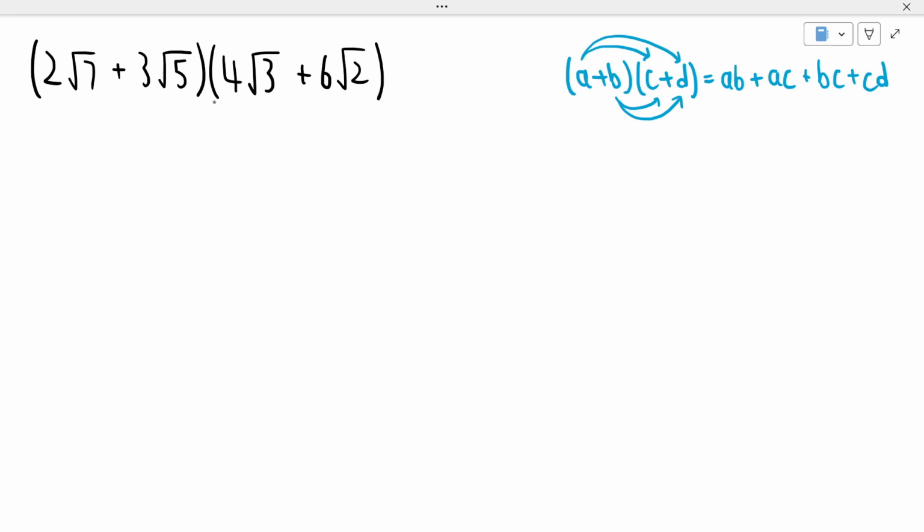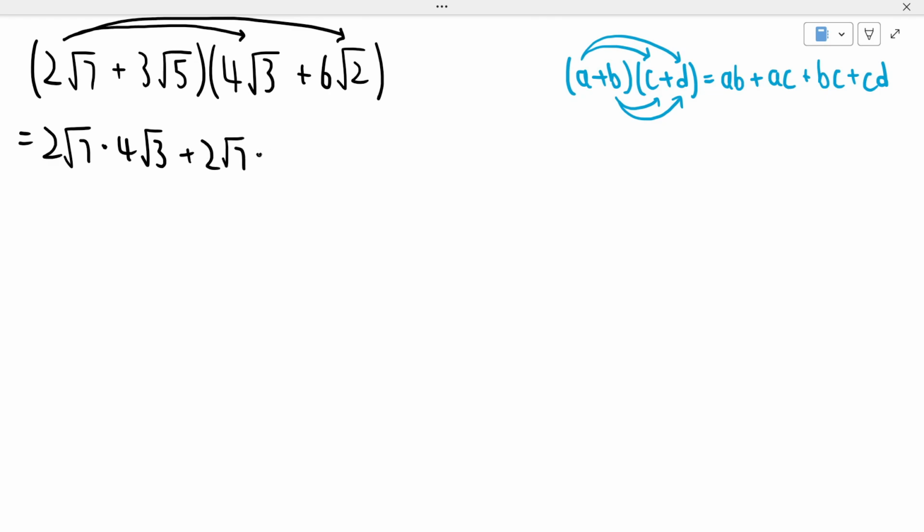So to use this process on our expression parentheses 2 square root 7 plus 3 square root 5 times parentheses 4 square root 3 plus 6 square root 2, we need to do our first multiplication, which is 2 square root 7 from the first parentheses multiplied by 4 square root 3, which is the first term from the second parentheses. So 2 square root 7 times 4 square root 3, and then we need to multiply 2 square root 7 from the first parentheses by 6 square root 2 from the second parentheses.